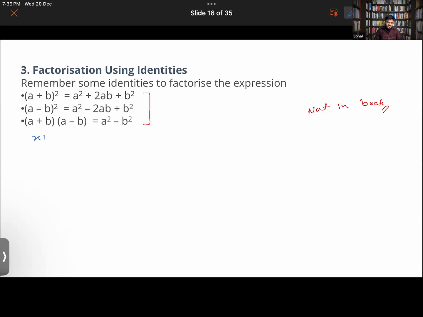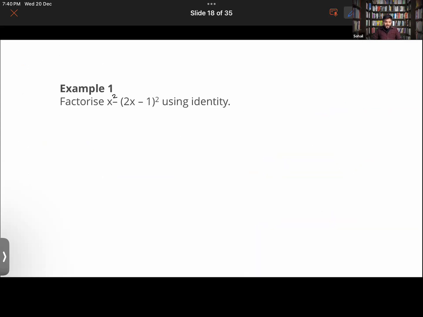So we could add that also: x plus a into x plus b becomes x square plus bx plus ax plus ab, that is x square plus x into a plus b plus ab. Moving ahead, have a look at this question and let's try to solve it using an identity.